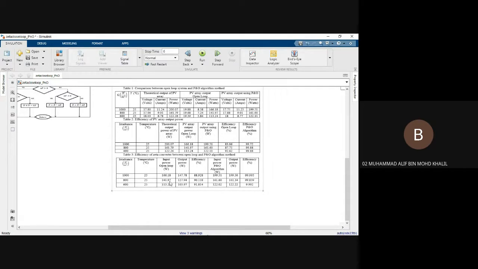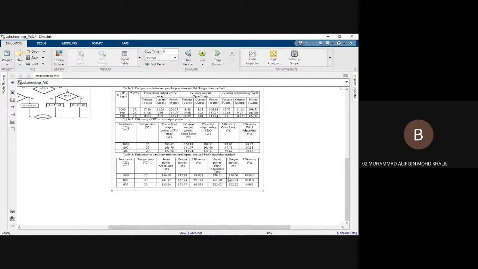So we can see the data for the efficiency. For 800, you can see that the efficiency is increasing, but it does not reach it. It lost almost 14 watt for the 800, and for 600 it lost around 10 watt. So it has an efficiency of 90.118 and 91.814.